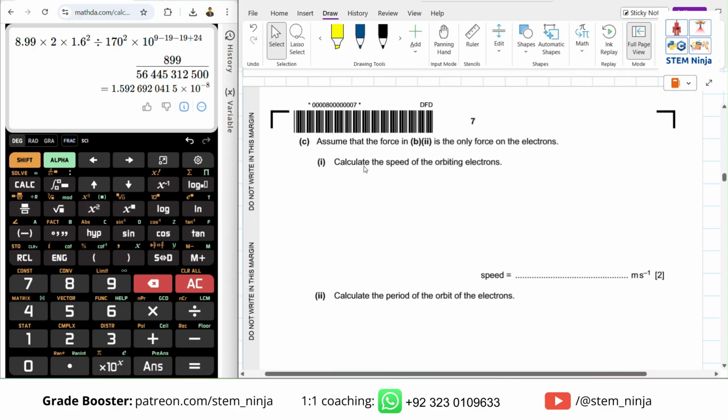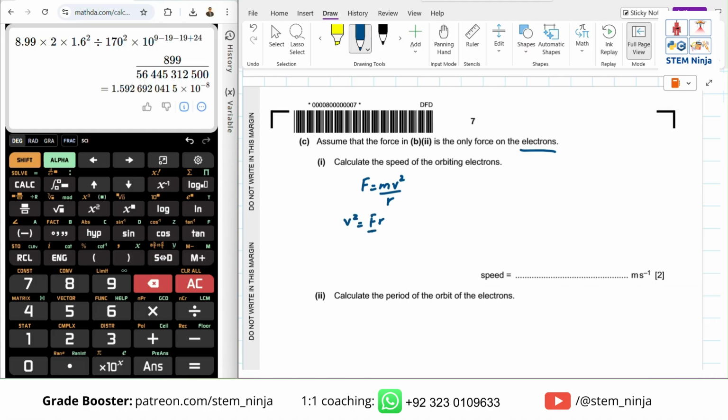Assume that the force in the previous part is the only force on the electrons. Calculate the speed of the orbiting electron. We can use the circular motion rule. F is equal to mv squared over r. So v squared would be Fr over m. Force we just found to be 1.6 times 10 raised to power minus 8 newtons.